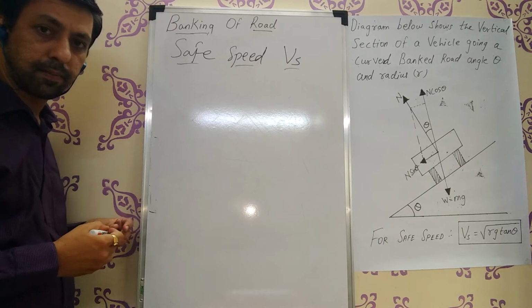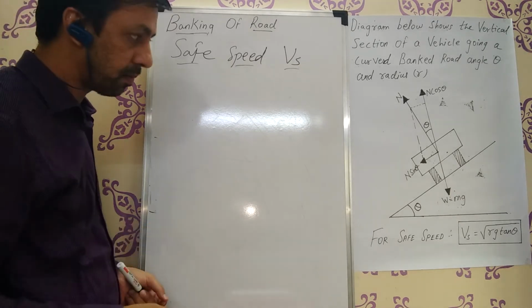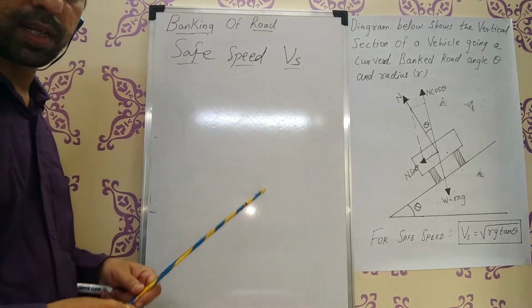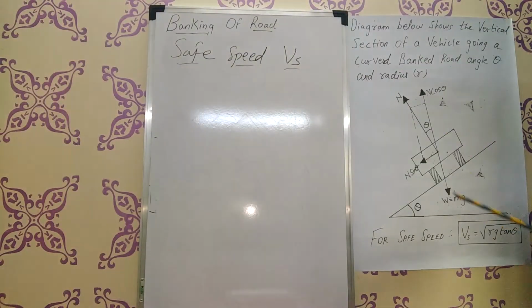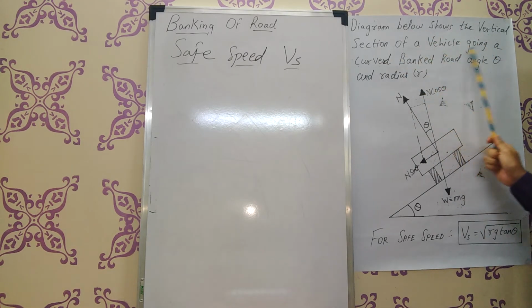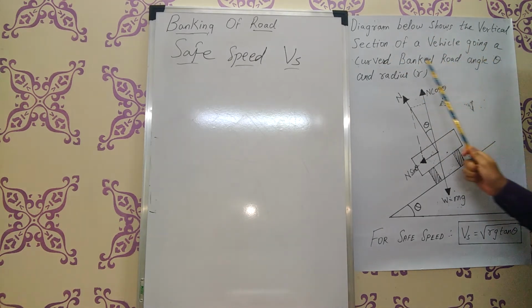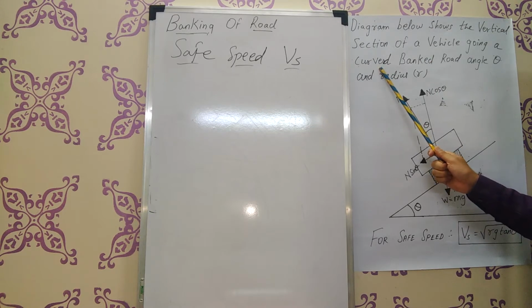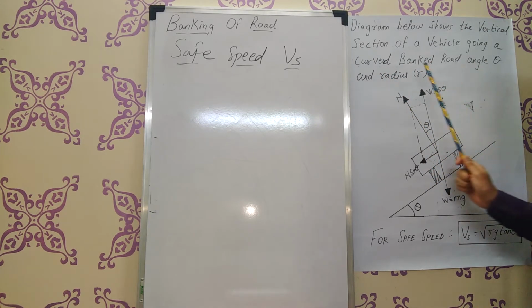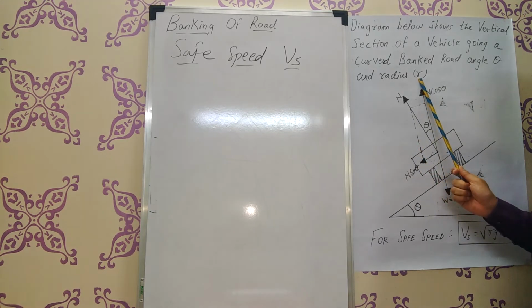You can see in this particular diagram, this diagram below shows the vertical section of a vehicle going along a curved banked road having angle theta and radius r.